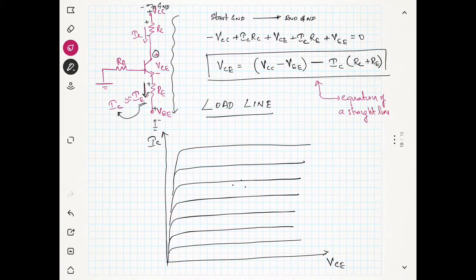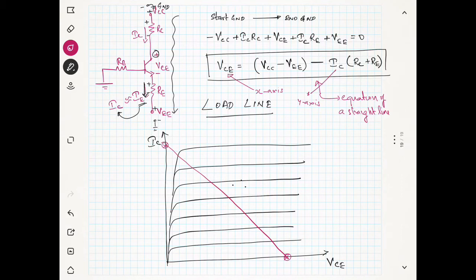We have already seen how to draw the straight line. You can find the x-intercept and you can find the y-intercept.